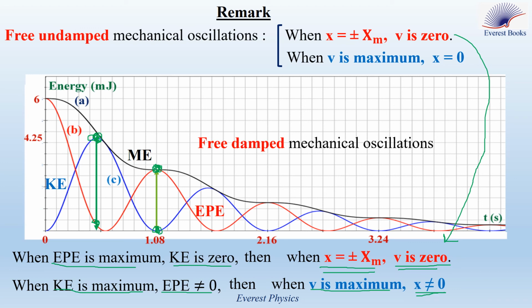So, when the speed of the center of mass of the block is maximum, the center of mass is not at the equilibrium position. So the second part of the remark is not the same in the two cases of damped and undamped oscillations.